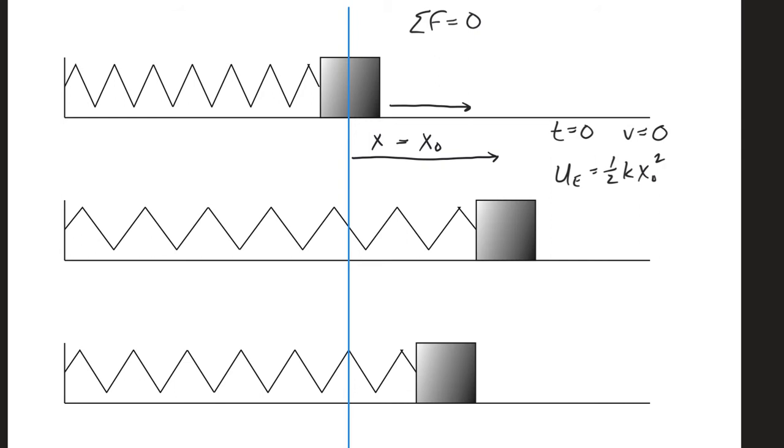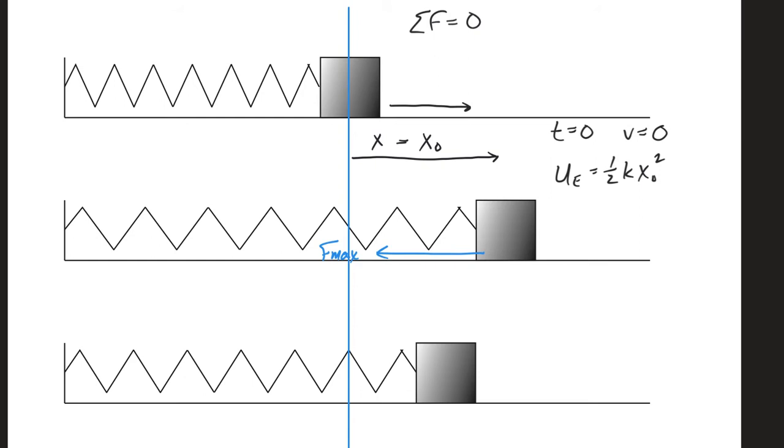We're assuming that we're letting the system go at T equals 0, which means that at T equals 0, we are also experiencing the maximum force. We're at maximum amplitude, so that's maximum force. Amplitude is maximum.